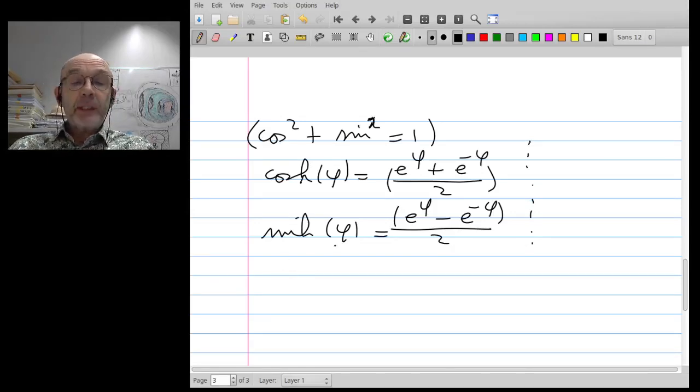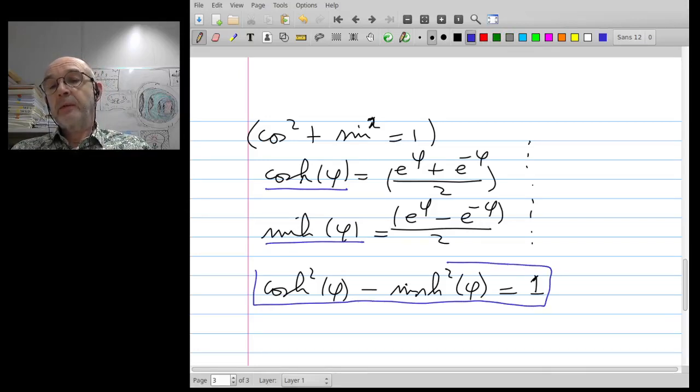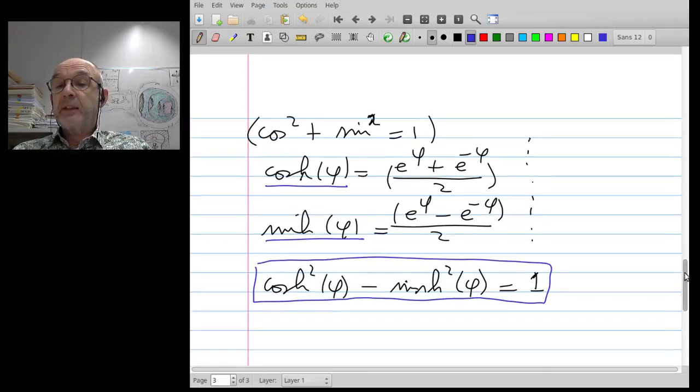And what do we know of this? If we take the squares of the cosine hyperbolic and the sine hyperbolic and subtract them from each other, we get 1. And so I think we can use the cosine hyperbolic and the sine hyperbolic because of this equation here. Just write it out and you see that is indeed the case.